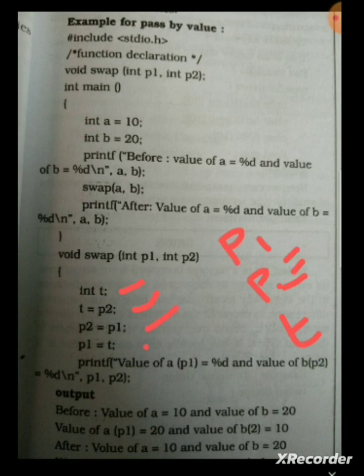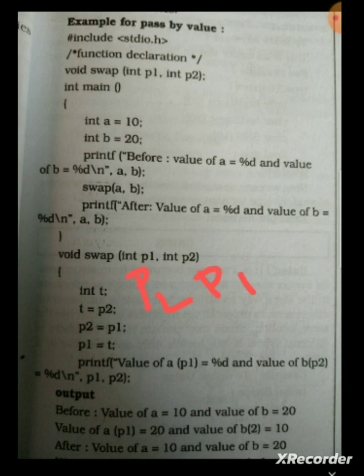So p2 has become p1 and p1 equals t. What is t here? t means p2, so p1 has become p2. So the interchange happened. Finally p1 became p2 and p2 became p1.